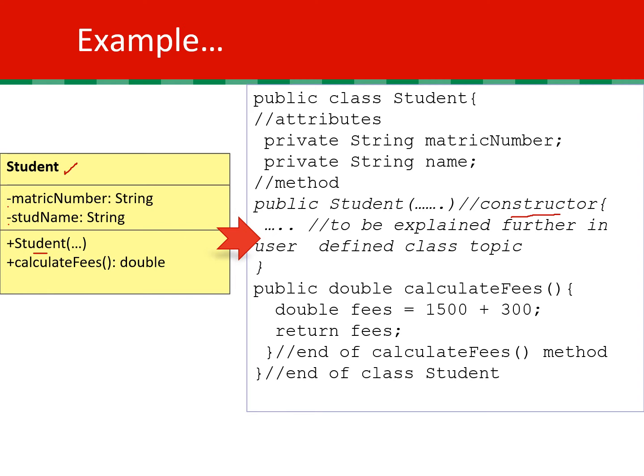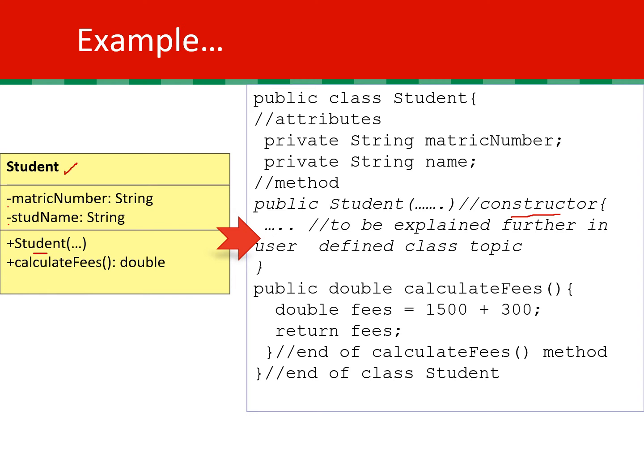So we have two variables here, and we use the constructor to provide initial values to these two variables. Then in this example, there is another method called calculateFees. This calculateFees does not have any parameter, but it depends on you. If you write your own method later and want to put a parameter, you can include it here.